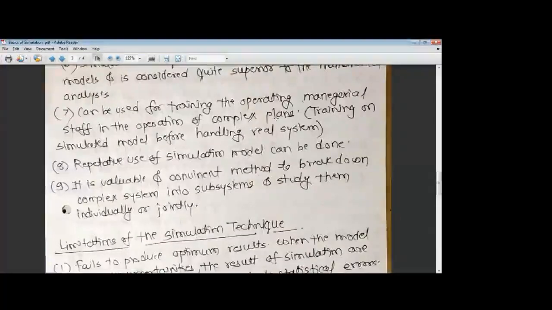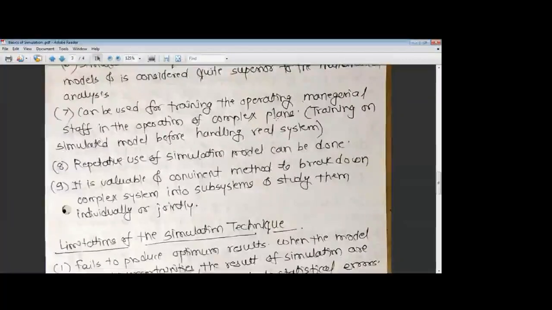What they will be doing is, you know, there are simulation models or simulation equipment that have been developed, and those will be used to train that pilot.